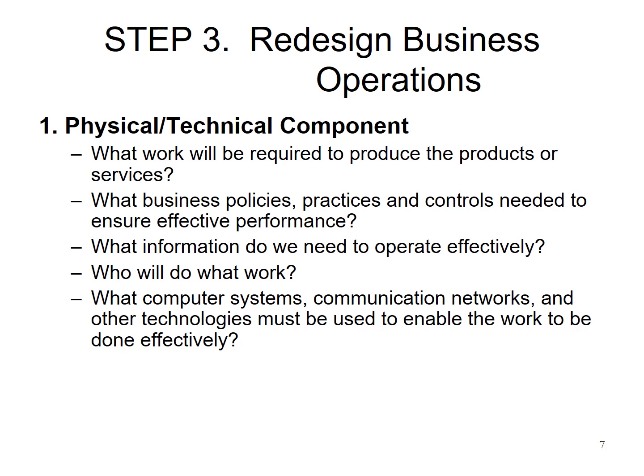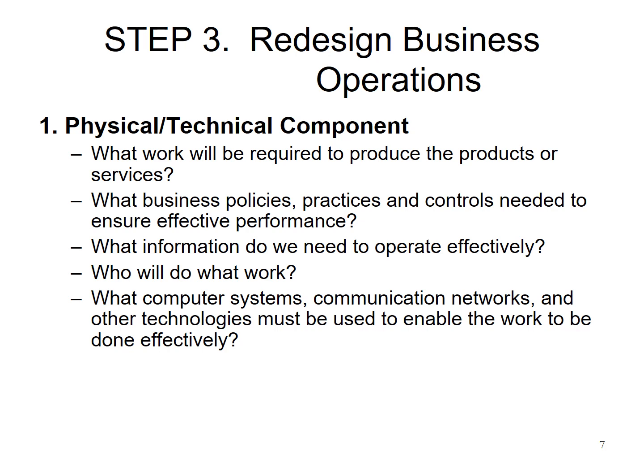Okay, so for the physical or technical component, this component answers a few questions for people. What work will be required to produce the products or services? What needs to be done? What business policies, practices, and controls need to be in place to ensure effective performance?